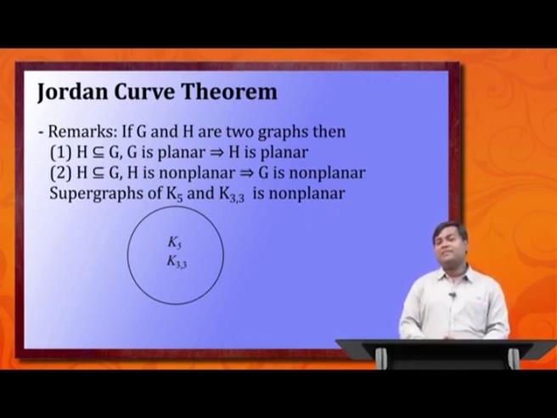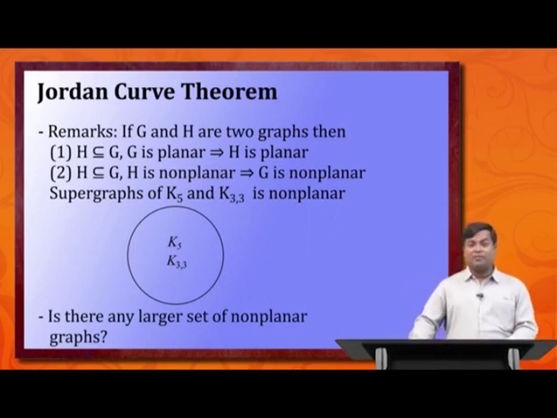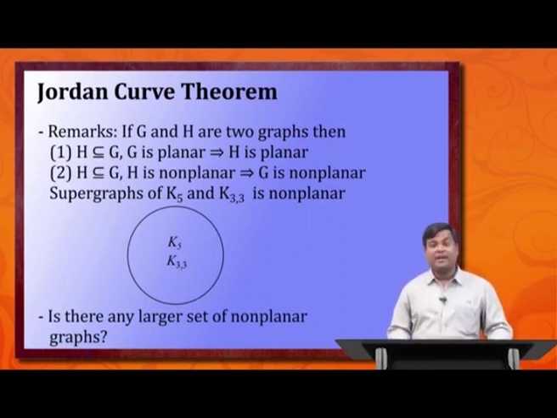Now, we have seen that all these elements inside this Venn diagram are basically supergraphs of K5 and K33, and since K5 and K33 are non-planar, we have proven that this entire set is also non-planar. Now the question is, is there any larger set of non-planar graphs? Are there any other graphs which are non-planar even if they are not supergraphs of K5 and K33? That is the question, and we need to answer that in the remaining slides.